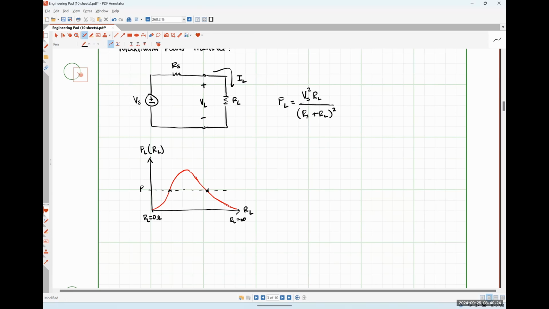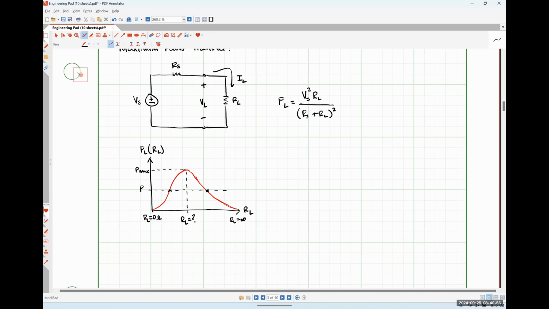But there is one specific case where there's only one resistor value that works, and that is when our load resistor is absorbing the maximum possible amount of power. So I'm going to call this P max, and our ultimate goal here is to figure out what value of RL causes that to occur, okay?